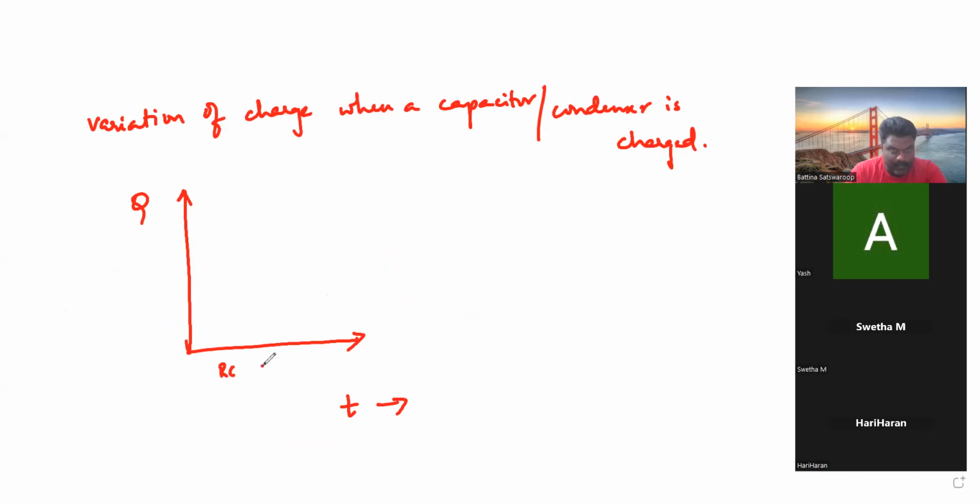So RC, 2RC, 3RC. Extend பண்ணலாம் graph. 4RC, 5RC, இந்த மாதிரி இருக்கும்மா. ஓகே.